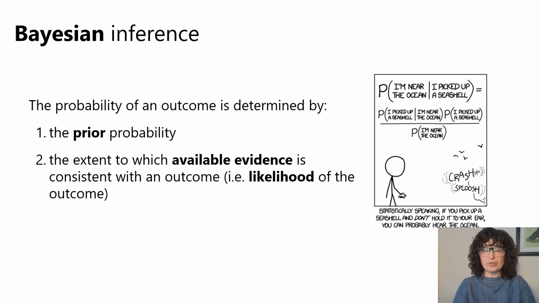And then there is the likelihood, which is the extent to which the currently available evidence is consistent with that outcome. So it's basically the current evidence. Over on the right-hand side of the slide, you can see an XKCD comic that is using Bayes' theorem to make a joke about the idea that if you hold a seashell up to your ear, you're probably at the ocean. So of course you should be able to hear the ocean, which I think is really funny.